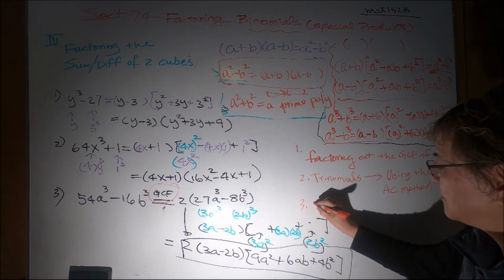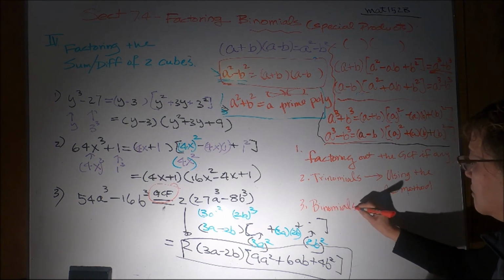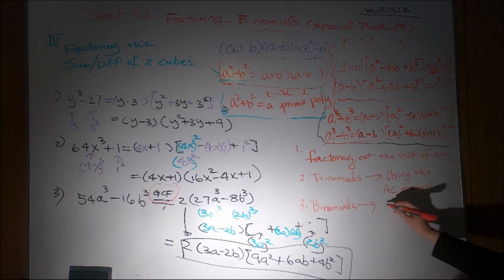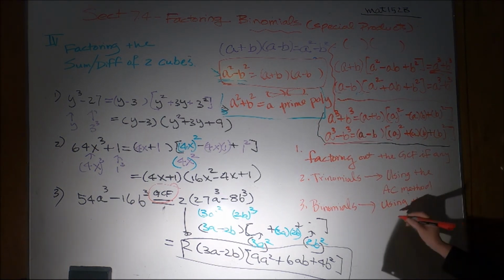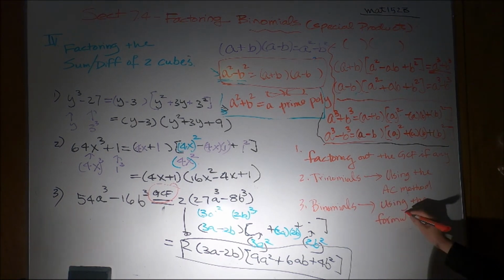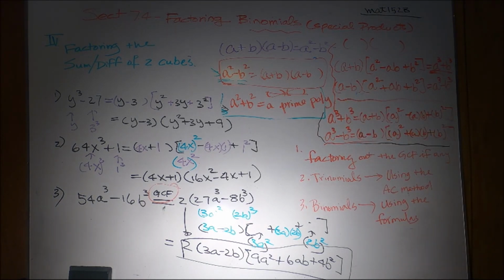But if it's binomials, what do you need to do? You need to use the formulas. There is no other choice you can have. You just have to remember all those formulas.